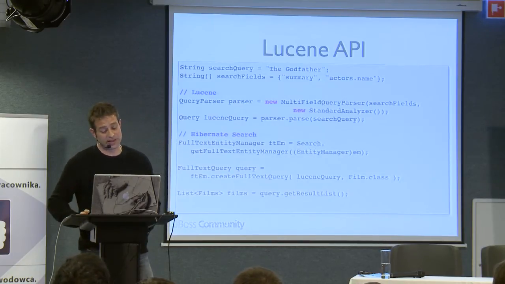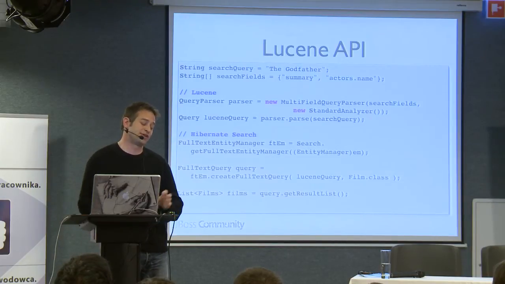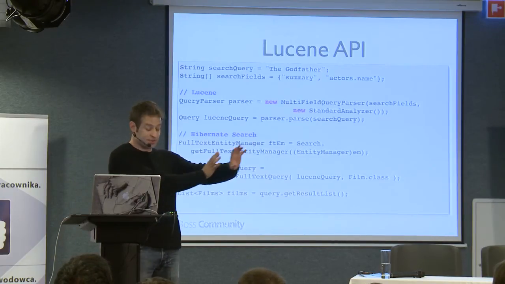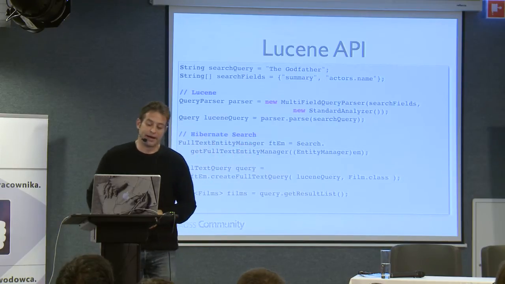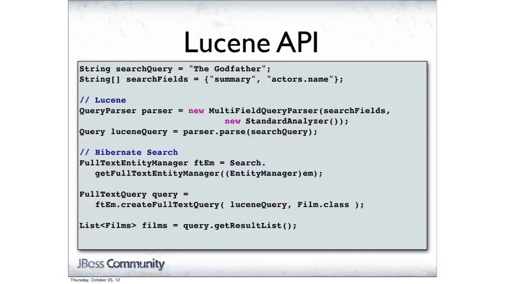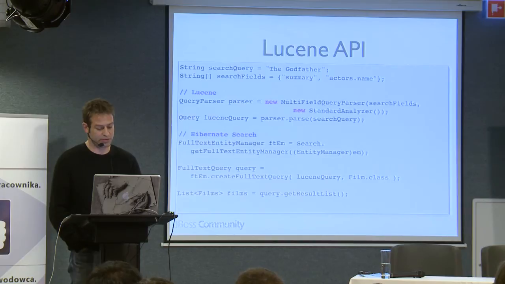A lot of people like the idea that we have this query DSL, which completely abstracts away Lucene, so Lucene is not visible at all anymore. Others prefer the Lucene approach, where you write your Lucene queries in Lucene and then plug them into Hibernate or into the full text query.